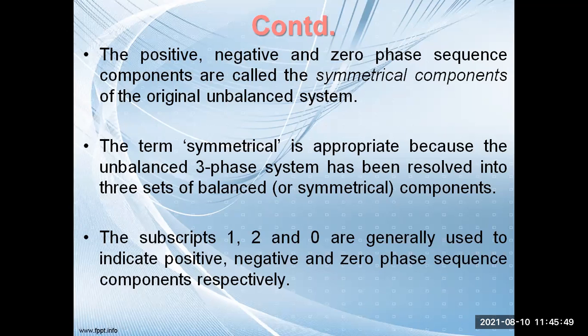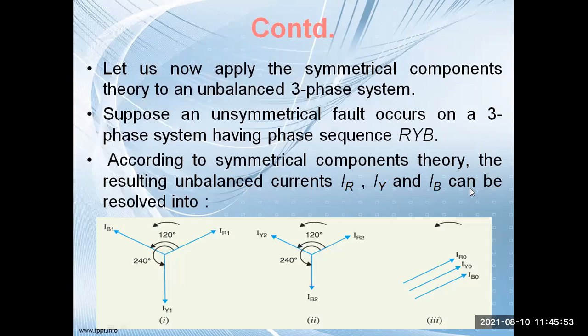This is the notation normally used in unsymmetrical fault analysis. Now we'll understand this with the help of phasor representation. We have to understand what the positive, negative, and zero sequence components of voltage and current are. So let us now apply the symmetrical components theory to an unbalanced three-phase system.